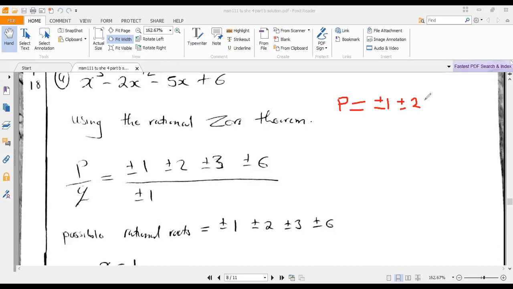Then here we have plus or minus 3. And now, if the coefficient of this guy, let's just assume it's 2, right? So for this guy, we have plus or minus 1, then plus or minus 2, isn't it? Okay, there.